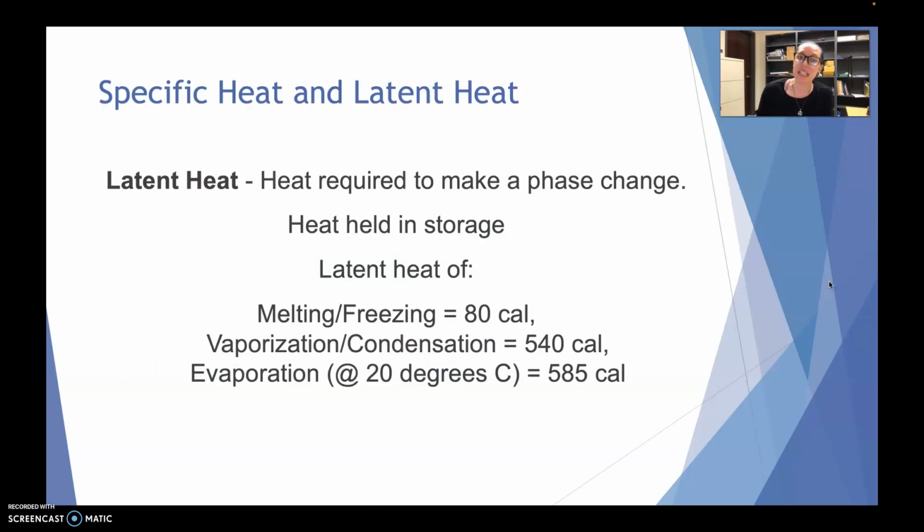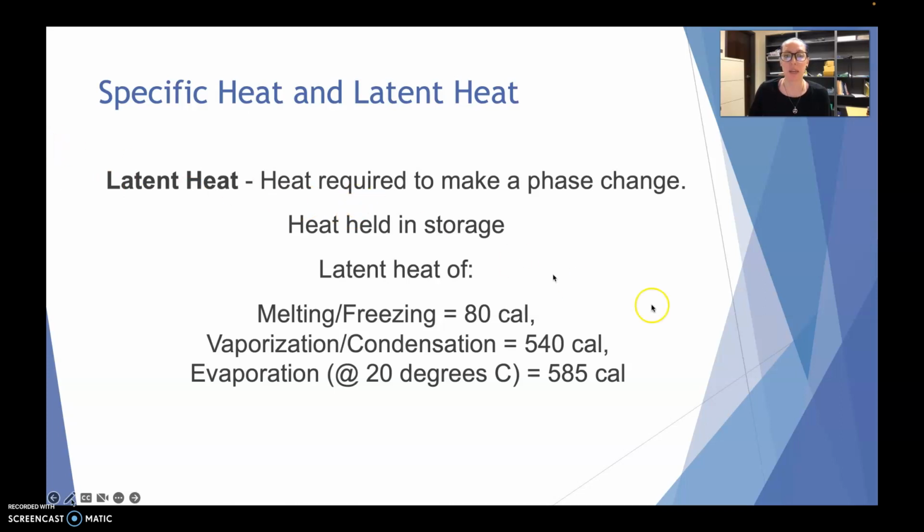Latent heat is the heat that is required to make a phase change, so we're going from, say, a solid to a liquid, or a liquid to a solid. It takes a certain amount of energy to do so. It's also known as the heat that is held in storage. That term latent means you're storing it away somewhere and you'll release it later on.